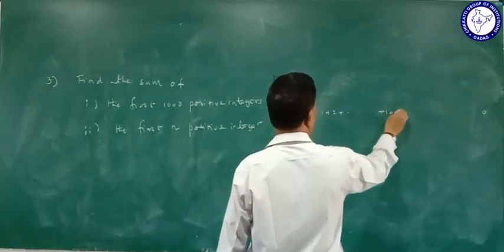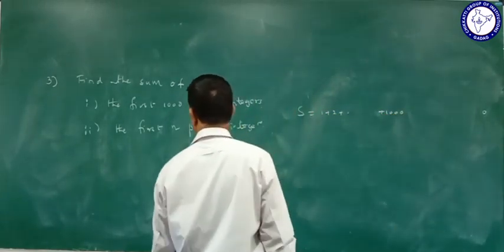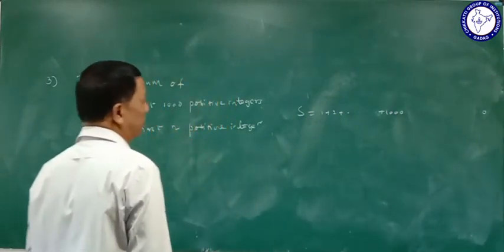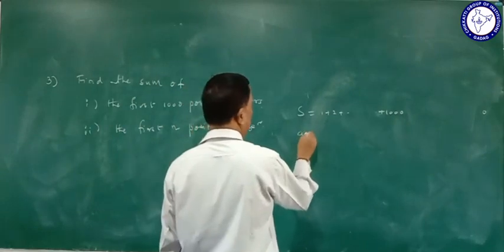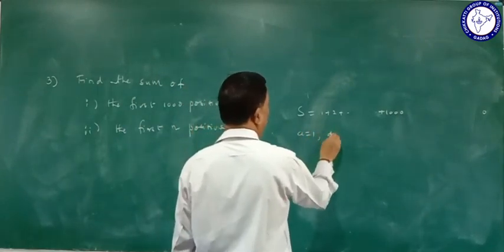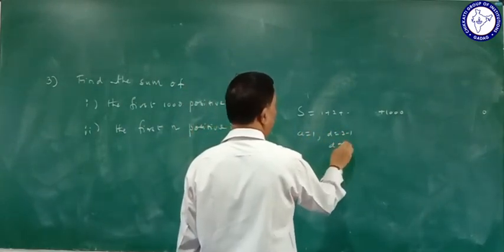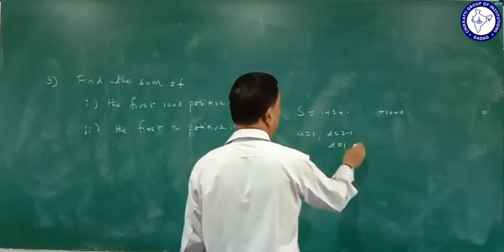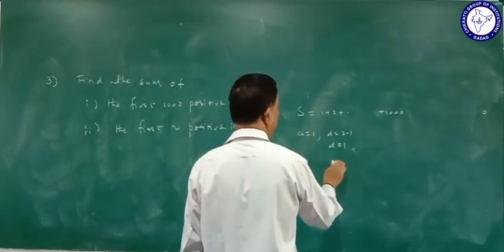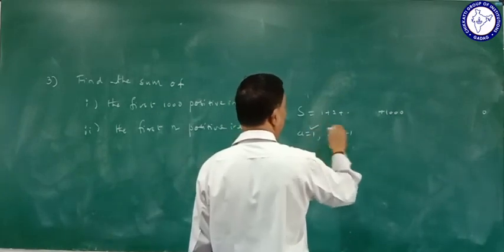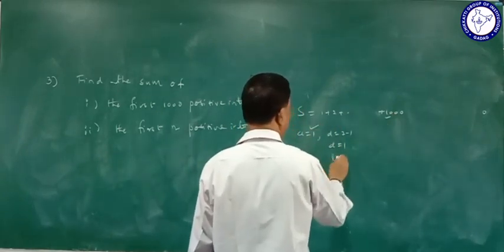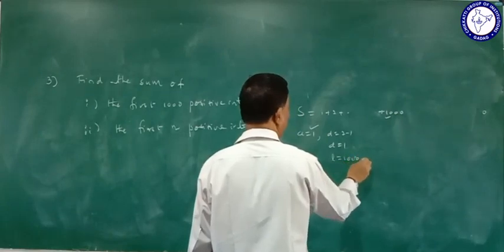The question is 1,000 positive numbers, and here a is equal to 1, d is equal to 2 minus 1, that is also 1. And what is the last number? First term is a and last number is L, 1000 you can write.